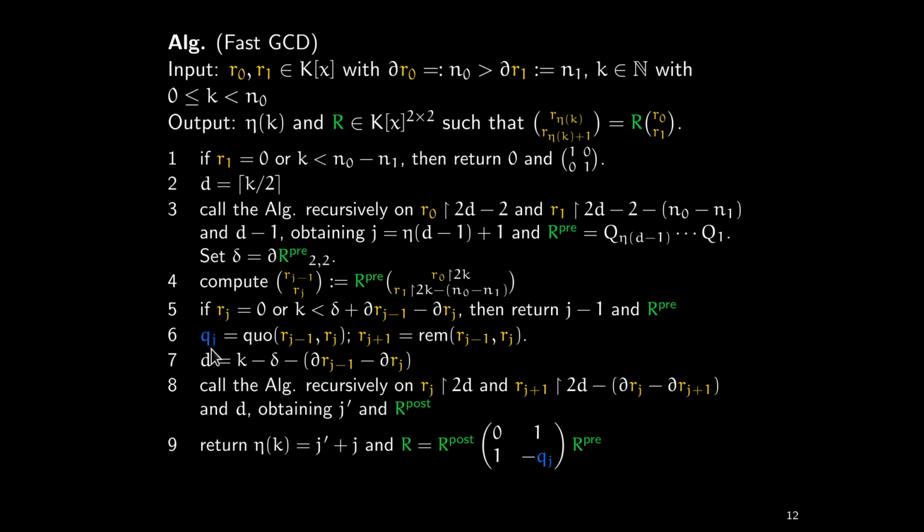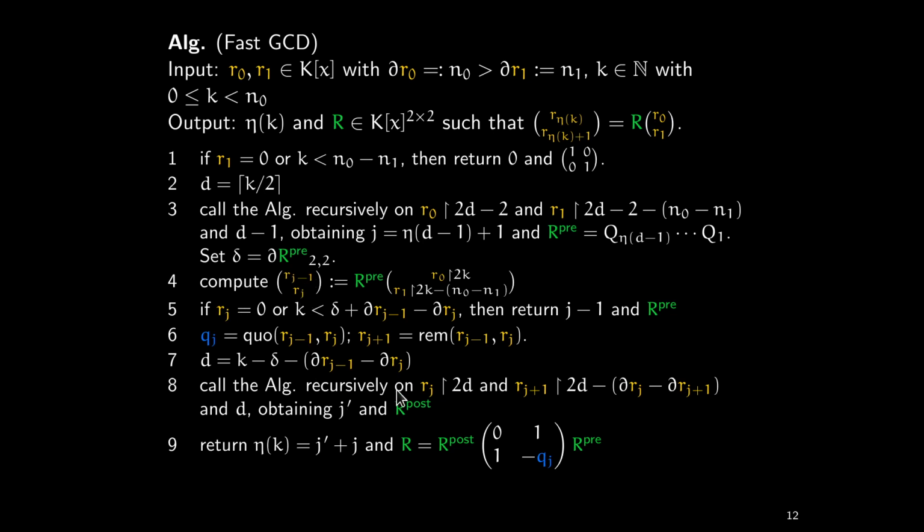I compute explicitly the quotient here, and also the remainder, and do one step in the Euclidean division, and then I get a new d, and the new d, that's the rest of the d, and it's not k half because I'm doing here a division step. So it's k minus this degree from here minus the degree difference of those two that I have restored.